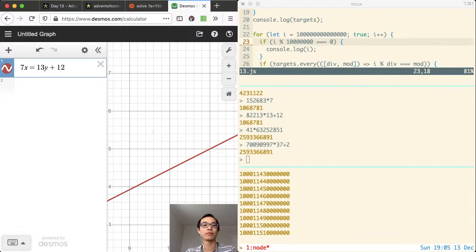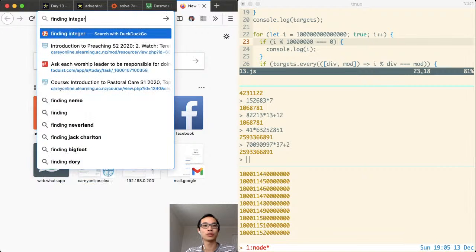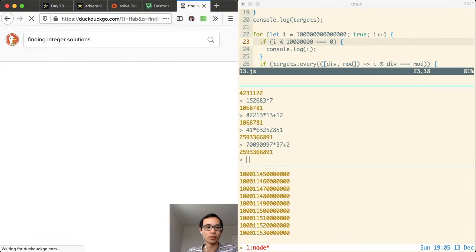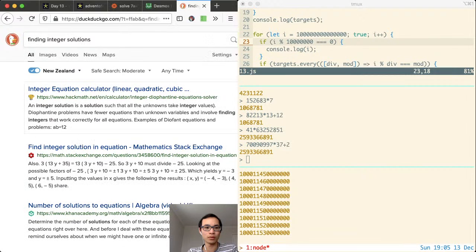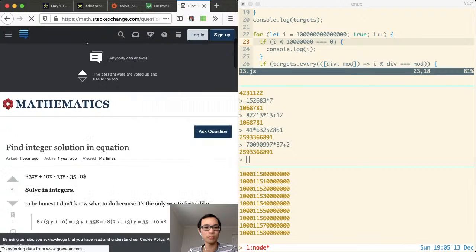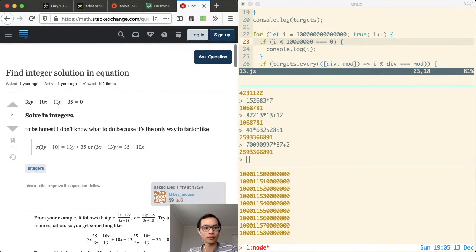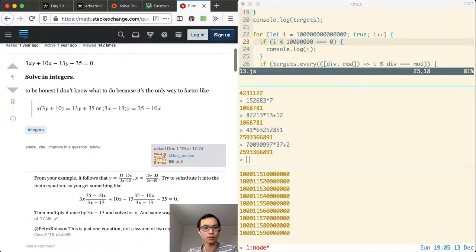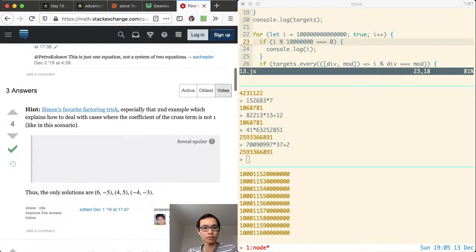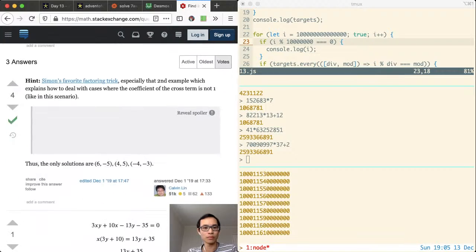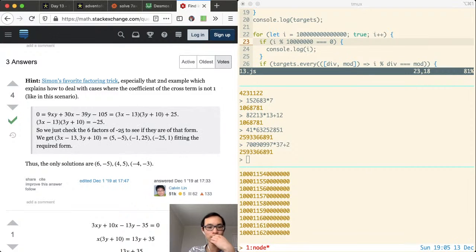Maybe we can Google that. Finding integer solutions. Simon's favorite factoring trick.